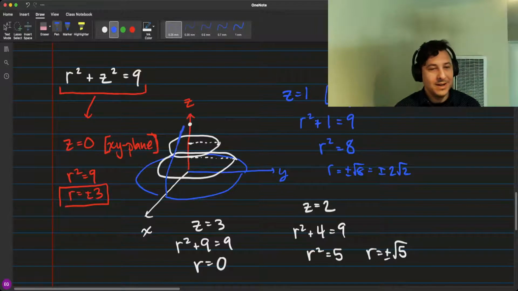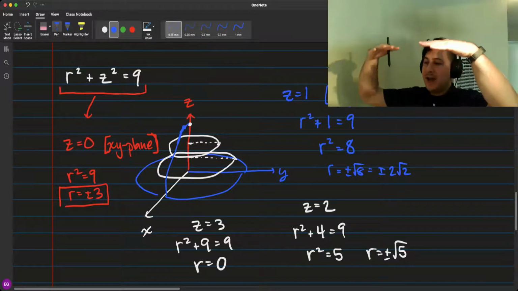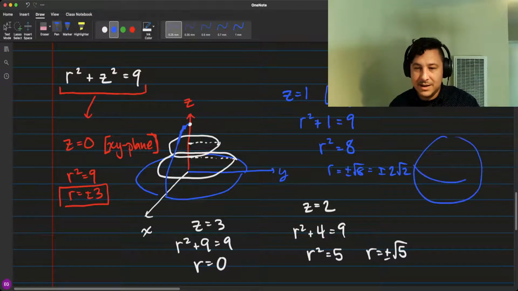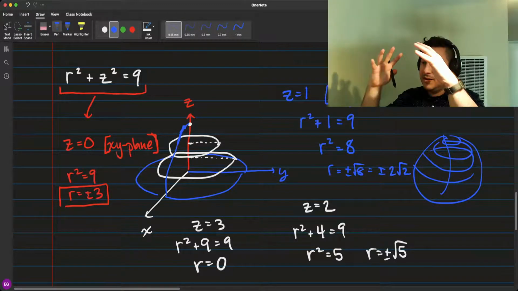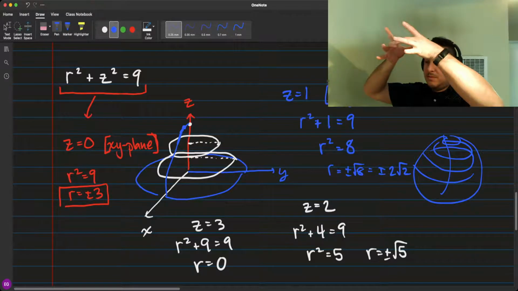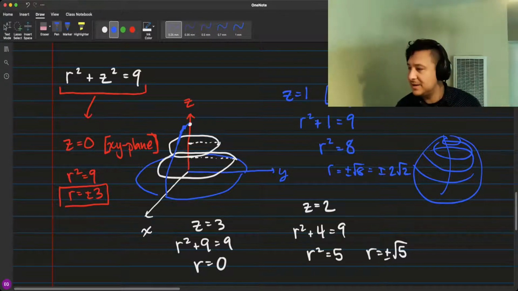It's a little weird, because as you go higher the circles are shrinking. If you look at a sphere from the side, there are circles that get smaller and smaller as you reach the top. That's what we had here.